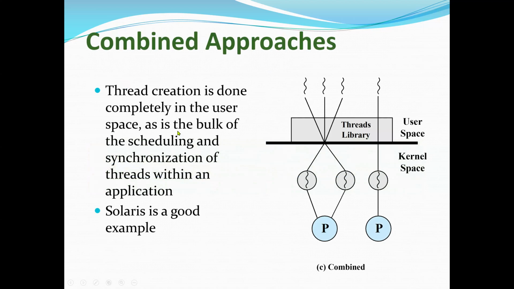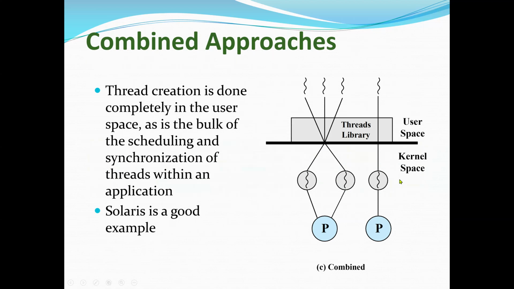And the best method, here we say, is the combined approach. Some operating systems provide a combined ULT, that is the user level thread, and kernel level thread facility. As we can see in this diagram, we have the user space and also the kernel space.